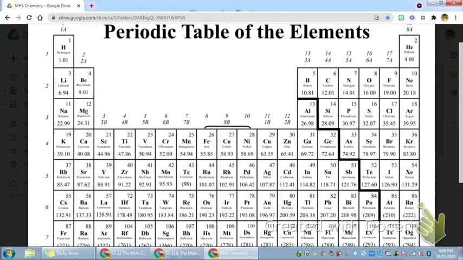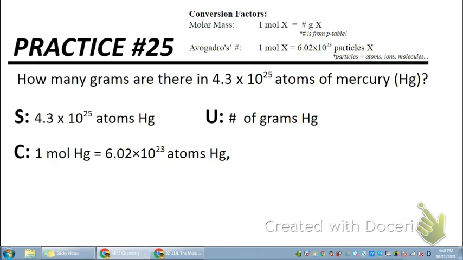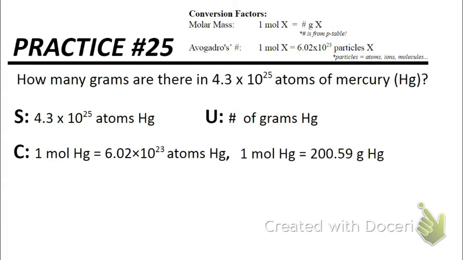Likewise, if you were given a mole of sodium, it would have 22.9 grams. So we are using mercury, and its molar mass is 200.59 grams per mole. We are going to use that value and plug it into our conversion factor.